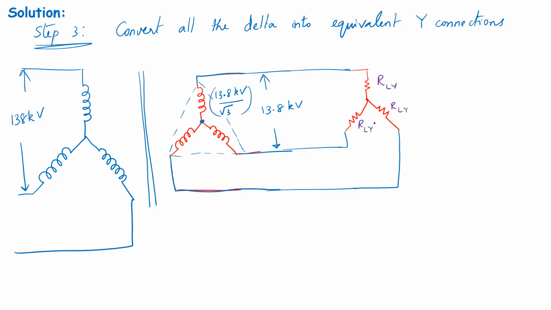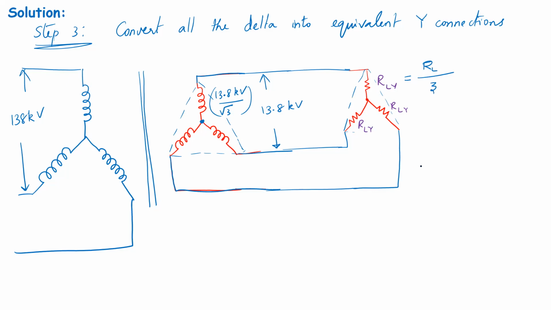So these are the Y equivalent resistors of the original delta connected system. The original system was delta connected. We have now replaced the original system mathematically using its equivalent Y connection. So the values of resistors will be modified, and RLY will be, by definition, RL delta divided by 3.